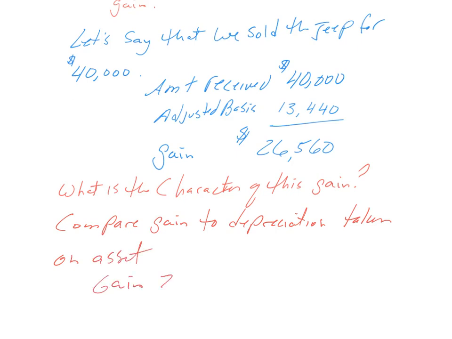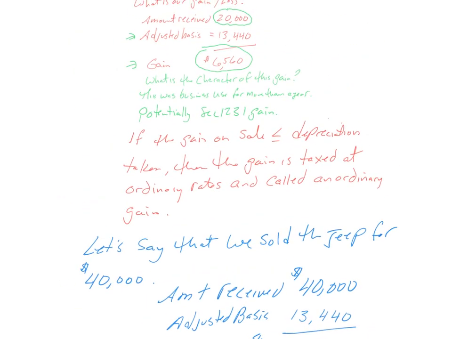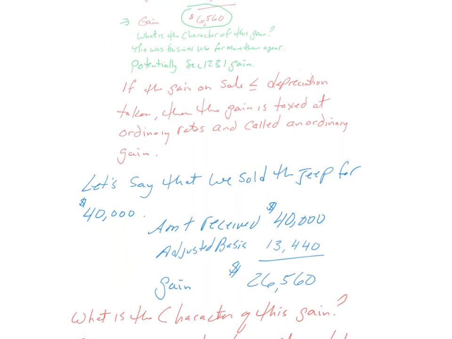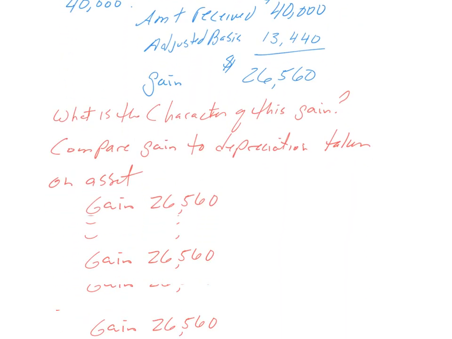So our gain is $26,560, and the amount of depreciation we took throughout the year is $21,560.